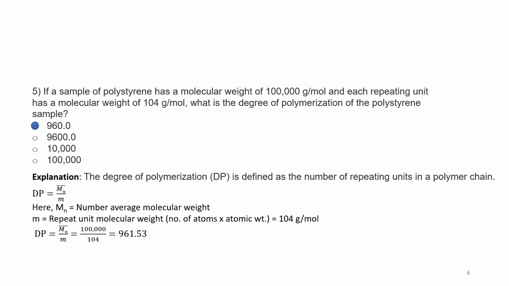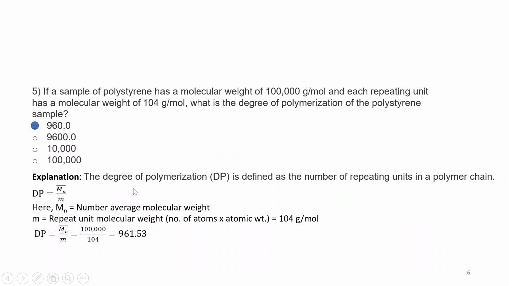So 104 gram per mole is for polystyrene, and the number average molecular weight is already given as 100,000 gram per mole. Here you just have to divide 100,000 by 104 and you'll get the degree of polymerization as 961.53. The nearest to this is 960, so the first option will be the correct answer.